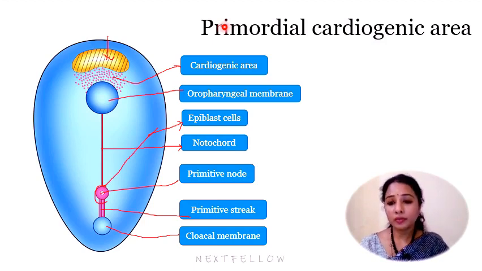So myoblasts will form the blood vessels, and blood is from the blood islands. And the heart develops from a tube. It itself is a blood vessel by development. So it is a primitive heart tube which is from the mesenchyme in the cardiogenic area of the embryo.